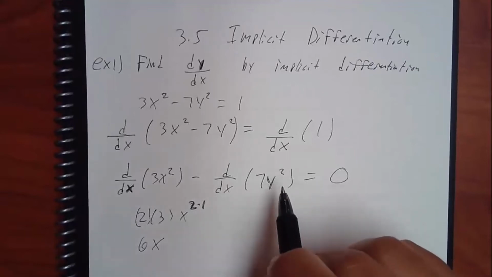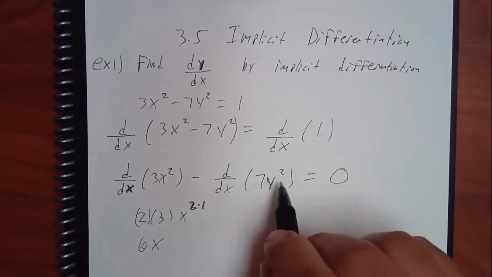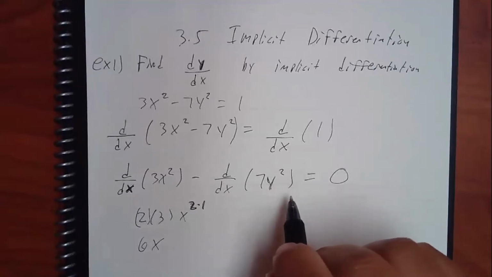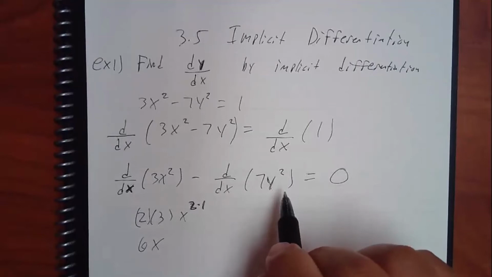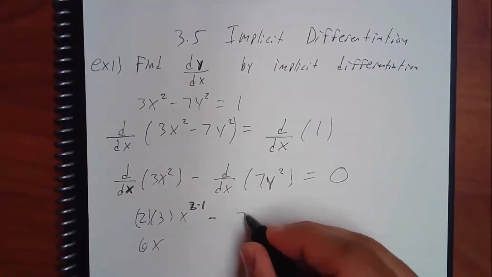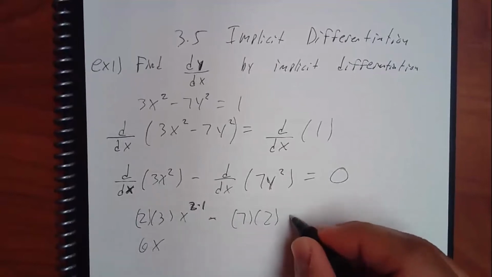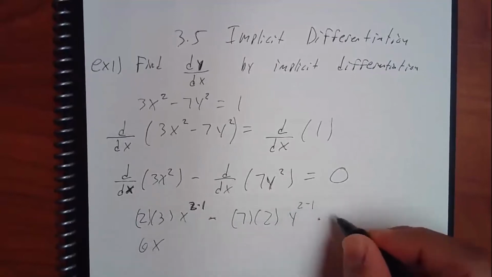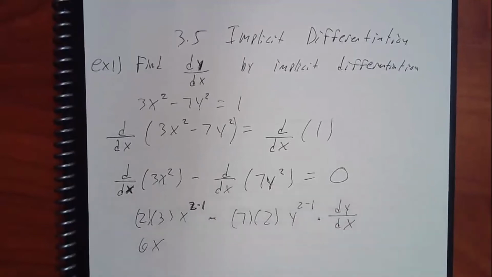This doesn't match. This is an x and a y. So what you're gonna have to do is treat it like you would an x, but then add an extra part. So you're gonna do 7, bring down the 2, subtract 1, and then times the implicit part. So add this extra step.